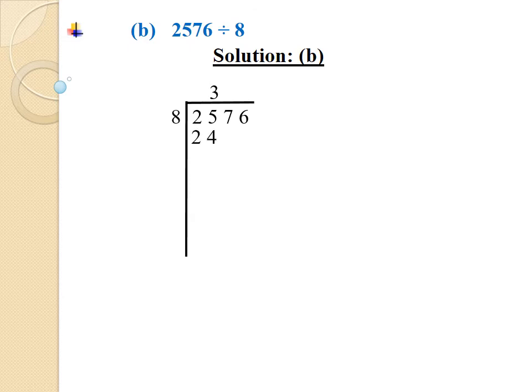Students, now we know that we have to subtract 24 from 25 starting from right side. Thus, subtracting 4 from 5, we get 1. And subtracting 2 from 2, we get 0.